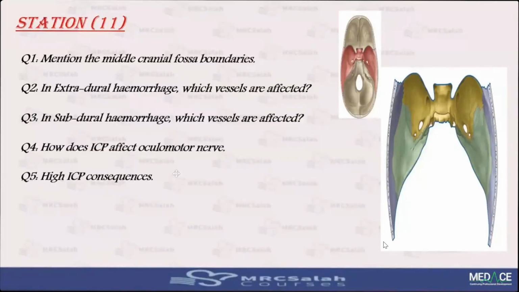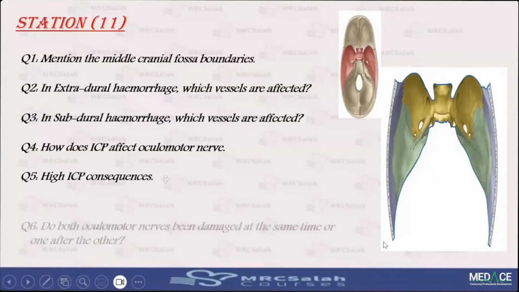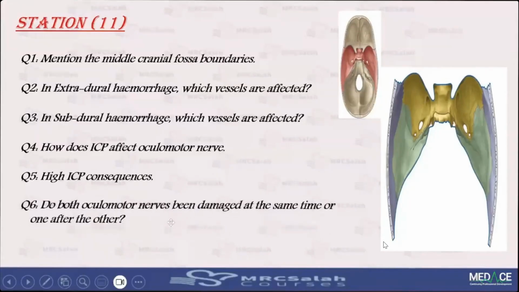Impaired mental status, yes, altered mental status is the first thing that happens. Are both oculomotor nerves damaged at the same time or one after another? No, one after another. Usually the affected side will be affected first, and if it progresses to increased intracranial pressure globally, it affects the other side as well.